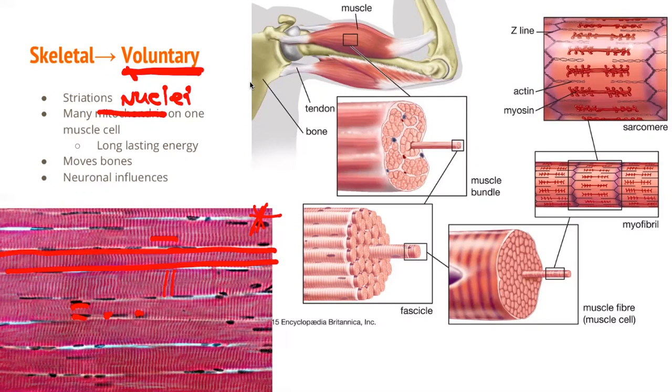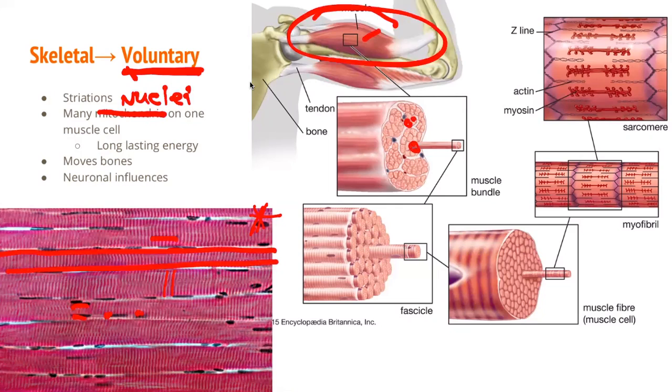Now let's look at the picture to the right. This is just blowing up a muscle for you to show the hierarchy of structure. So here we have the whole entire muscle, and we can see that each muscle contains these fascicles, which are these little circular structures right here.